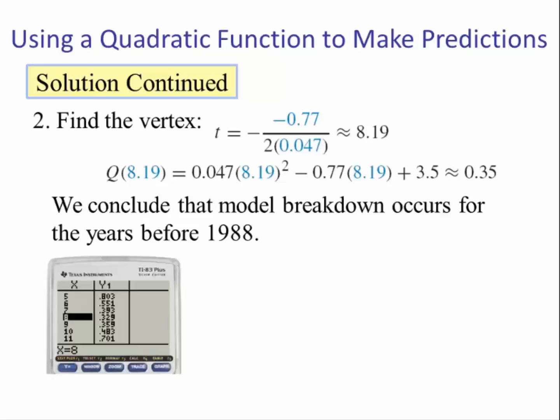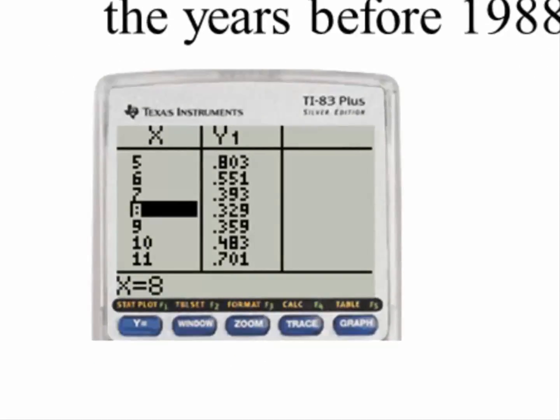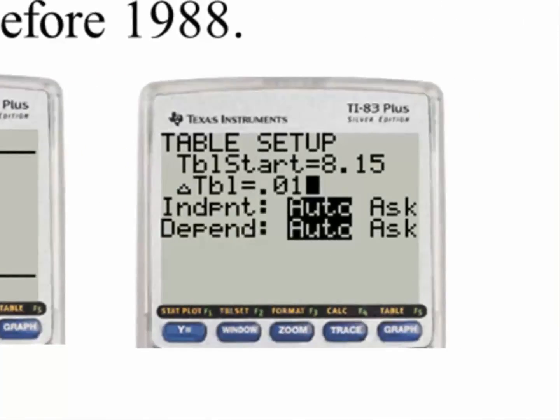To verify this using a graphing calculator, we can hit our table feature and we can see that around 8 will be our smallest y. If we want to look at the table closer, we can use our table set, which is second and window, have the table start at 8.15 and count by 0.01.